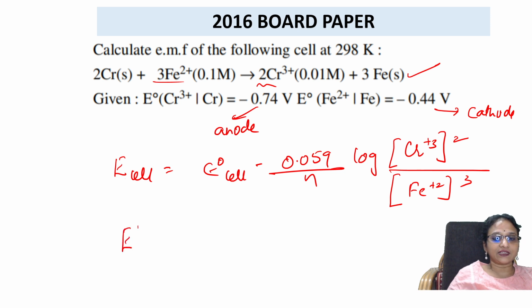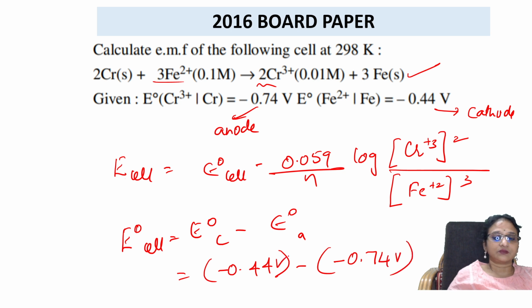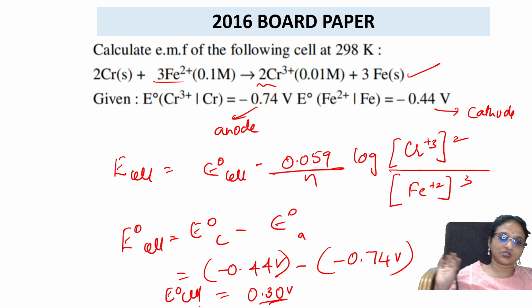Now first we will calculate E naught cell from the electrode potential values. E naught cell is cathode minus anode: 0.44 volts minus of minus 0.74 volts. Minus into minus is plus, so 0.30 volts. So I have got the E naught cell value.